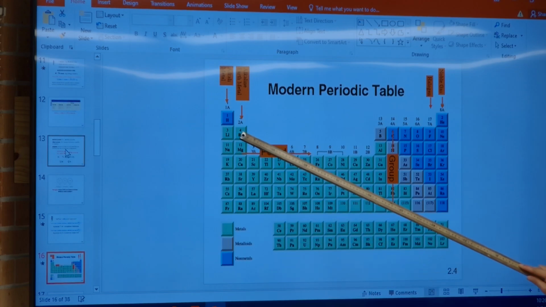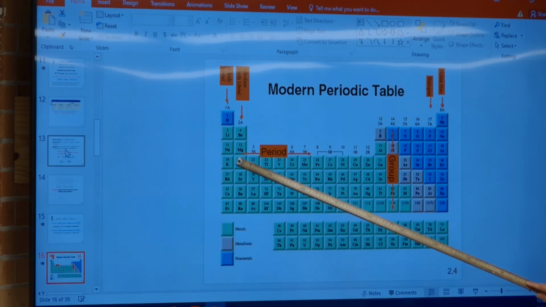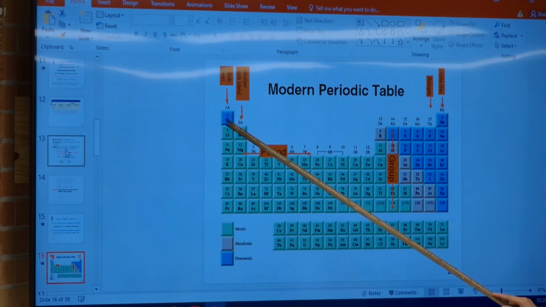So those elements listed in the same vertical column, we give the special name of a group. They behave very similarly with each other. Like group 1A, except the first one, all others are very active metals. Very active metals means during reactions, they very easily lose electrons.